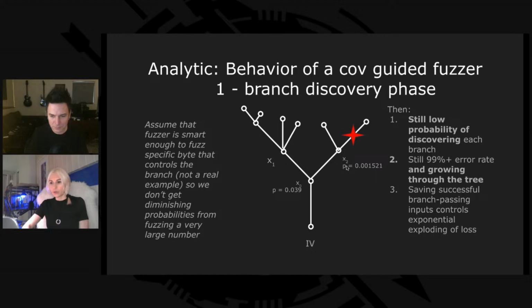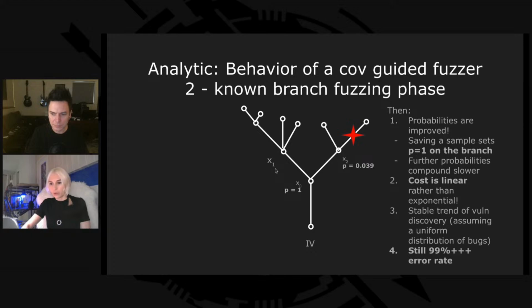Then it starts compounding and compounding, even in this simple example with just 1-byte values, even for coverage-guided fuzzing. The only real thing that coverage-guided fuzzing added is the ability to save a successful test case, which will effectively collapse the probability of passing some branches to 1.